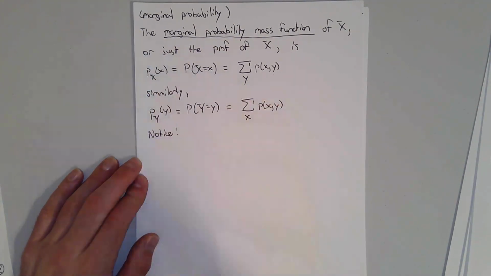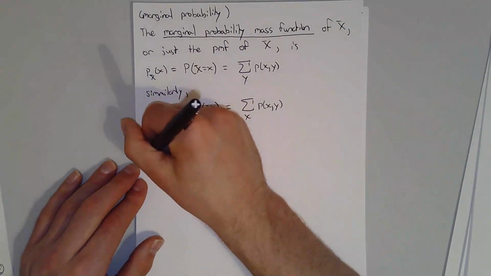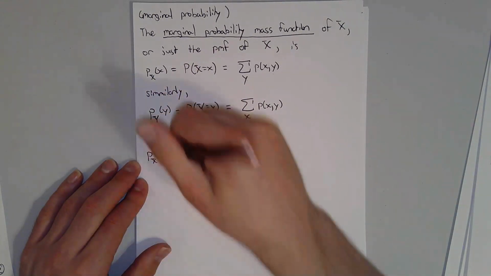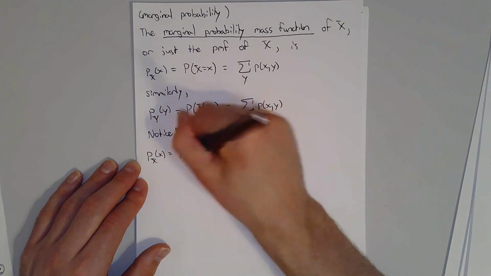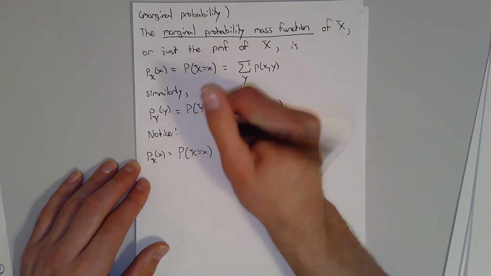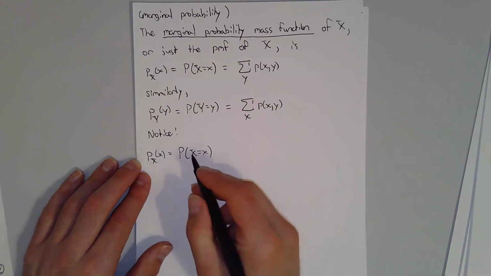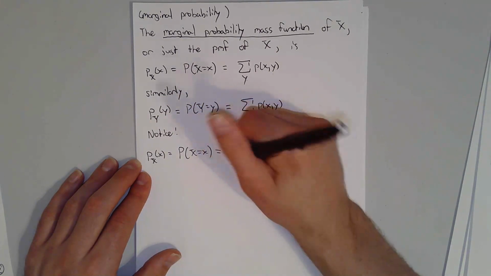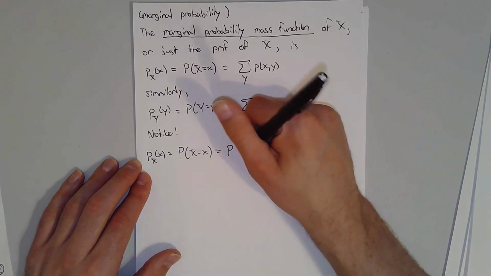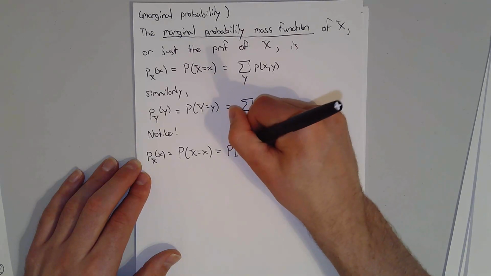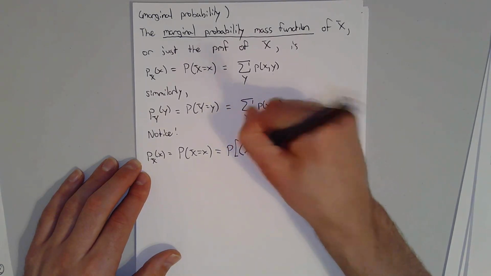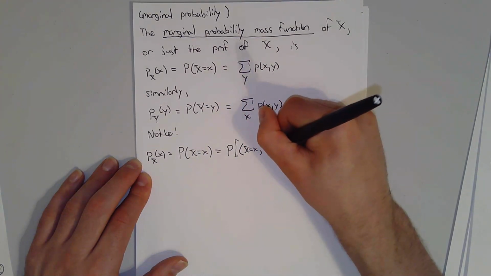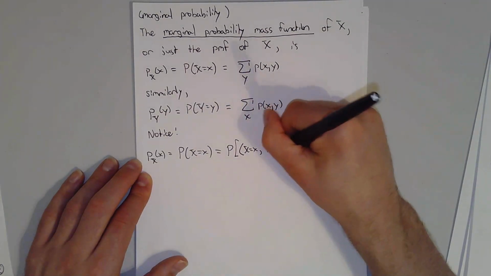So we can notice the following. So p sub capital X of little x is the probability that capital X is equal to little x. This can be thought of as the probability that capital X is equal to little x and capital Y is equal to little y1.